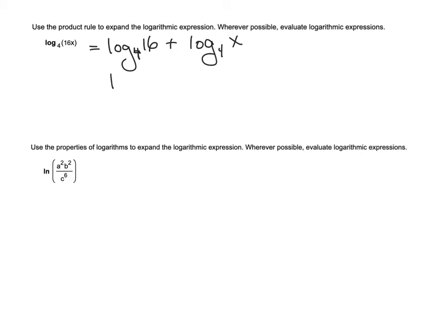And all we really can do is use the properties that are given to us. Right, so if you notice, 16 is 4 squared. And we know this property from the previous section that when you have the bases are the same, we know that this is 2, which is right here. Okay, that was one of those shortcut properties. So the log base 4 of 16 is the number 2.